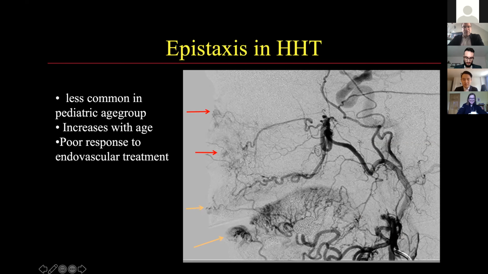Epistaxis in HHT is very uncommon in the pediatric age group. It increases with age, and unfortunately, the response to endovascular treatment only holds up for approximately 1 year, and then repeat embolizations have to be performed.